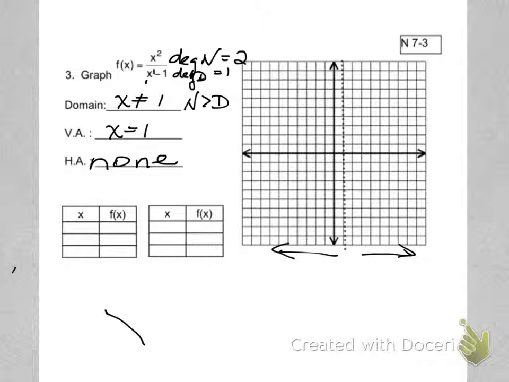So our points will be 0, -1, and -2, and then 2, 3, and 4. And we're putting them in x squared over x minus 1.